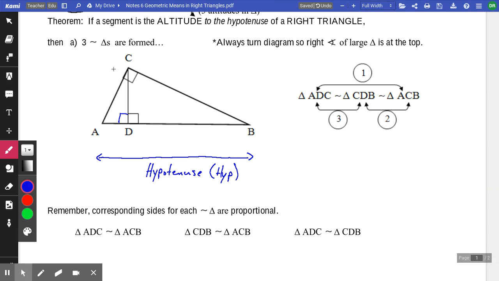Now, the other two sides of a right triangle, the two sides that are not the hypotenuse, are called the legs. And so we have a leg here and another leg here. If we arrange our diagram like this, to where the right angle is up top and the hypotenuse is on the bottom, we can see that one leg is to the left of the triangle and the other leg is to the right of our diagram.